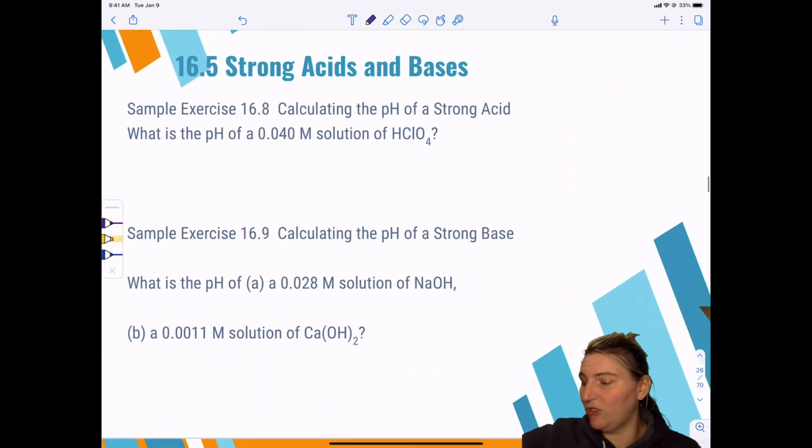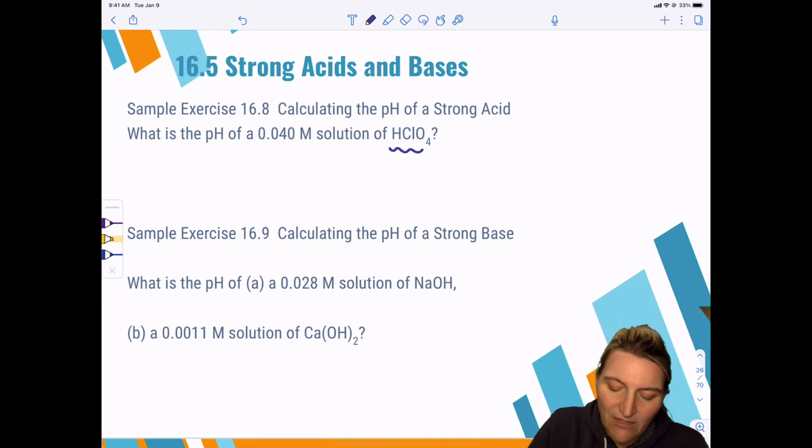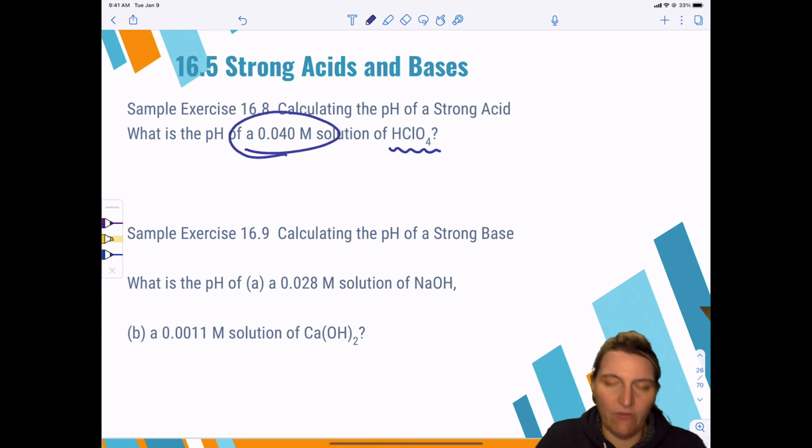So we have a couple questions here talking about section 16.5, strong acids and bases. We've already done strong acids and bases. If this is a strong acid, and this is the molarity of the solution, I know that this is also the molarity of the H plus.